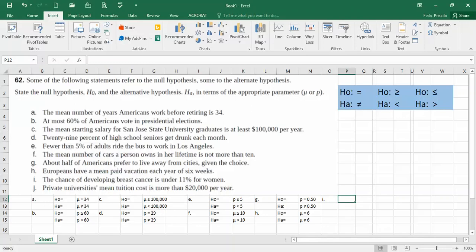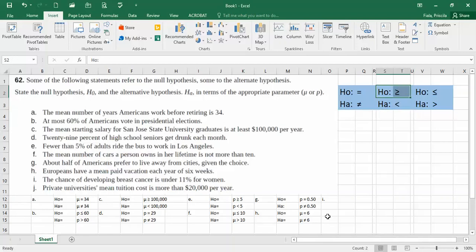the chance of developing breast cancer is under 11% for women. We're talking about a percentage, therefore we're talking about proportion. Which one over here talks about under but not equal to? Under. Alternative is under.